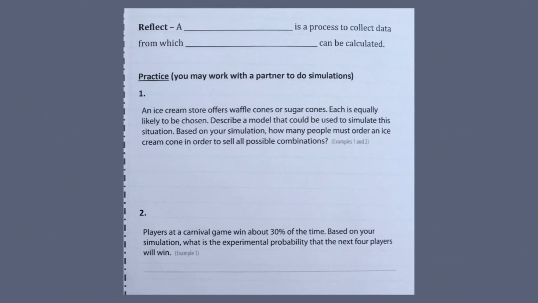So going back to the lesson's essential goal, we wanted to compare simulations to experimental probability, which you already did with the theoretical and experiments. So here, a simulation, write that in, is a process to collect data from which the probability or experimental probability can be calculated.